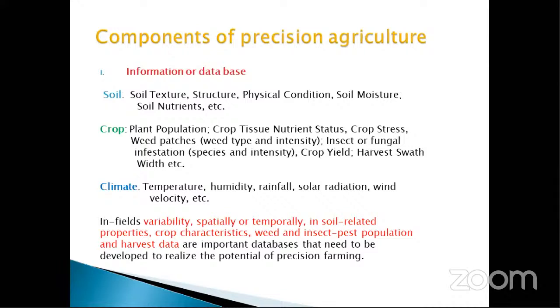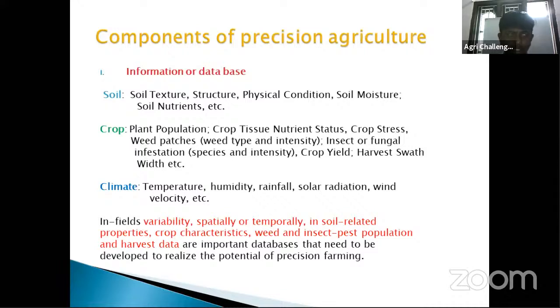In this week, the entire week, what variation is going on in the crop growth, which plant is growing well, which has normal growth, which is stunted. Then spatial or temporal data related to soil aspects, what we just discussed. Then crop characteristics, weed and insect pest population, plant health, harvest data, everything we can get.